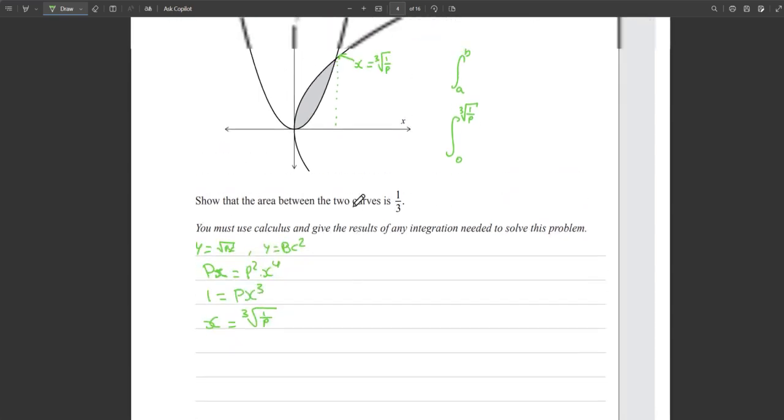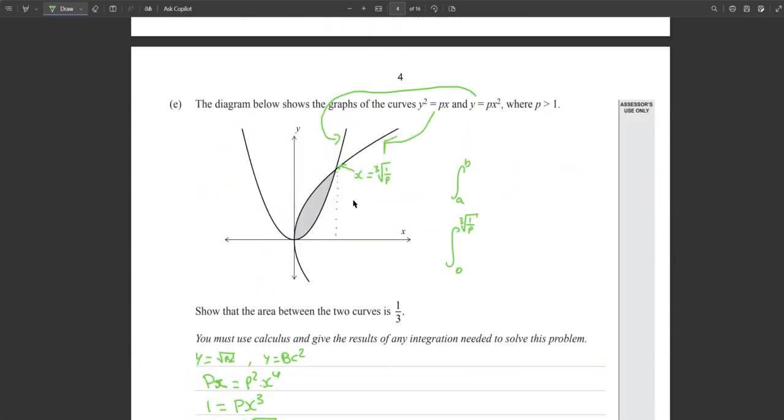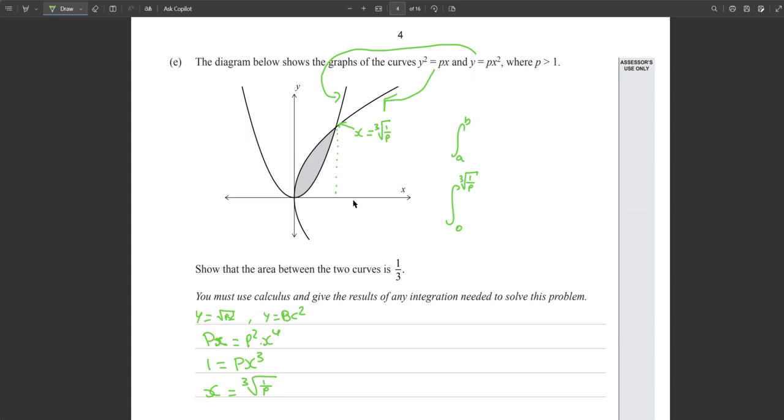Right, cool. Now that we've found that, I'll set up the integral. We're trying to find the area enclosed between the two curves. So I'm technically just finding the difference between the area under this upper curve, which is the square root of px, and taking out the area underneath this quadratic.